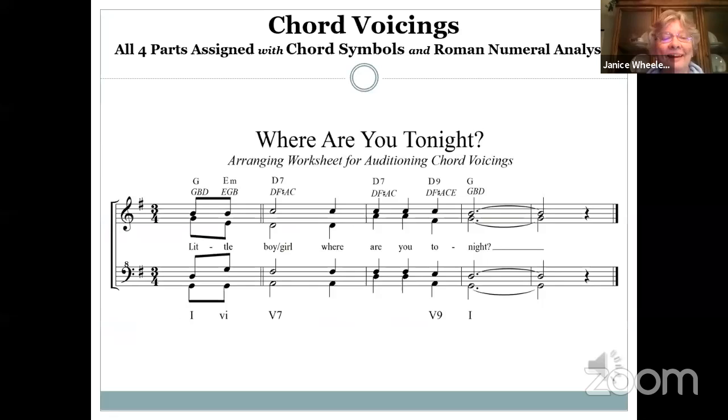And then another thing we want to look at is, do we have some resolutions of 5/7 or 5/9 to 1? And yes, we do. We actually have a very extended resolution from 5/7, 5/7, 5/7, 5/7, then 5/9 and 1. So we've also met that characteristic of the barbershop style too.